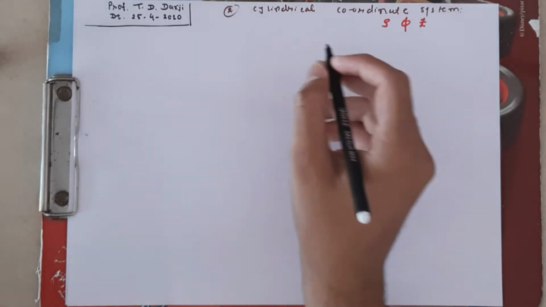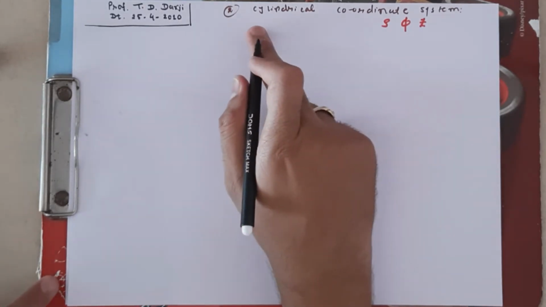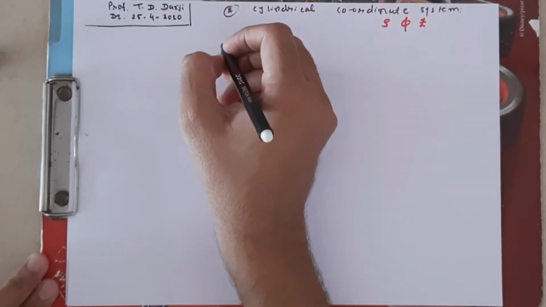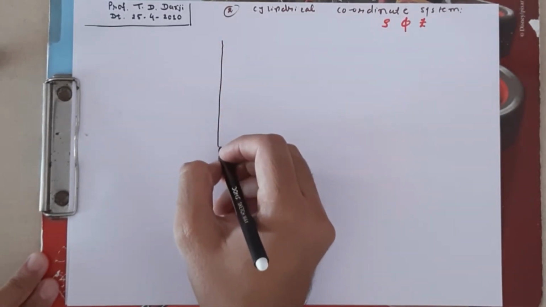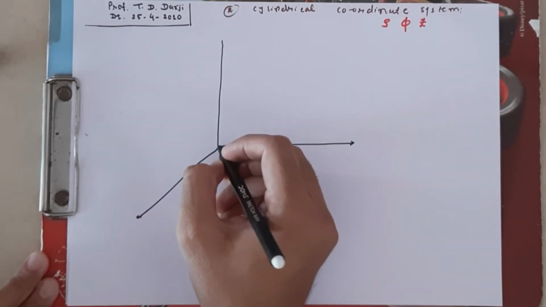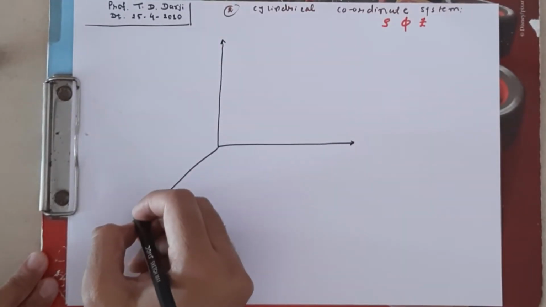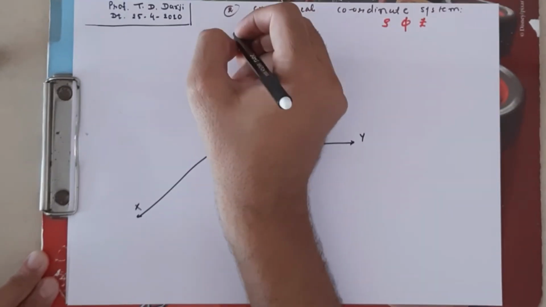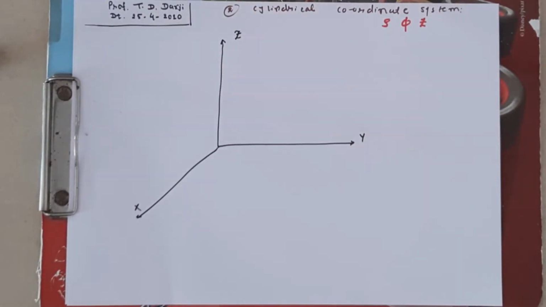To understand the basic idea of the cylindrical coordinate system, first of all I have to draw the standard coordinate system, my rectangular or Cartesian coordinate system, which has three axes x, y, and z.